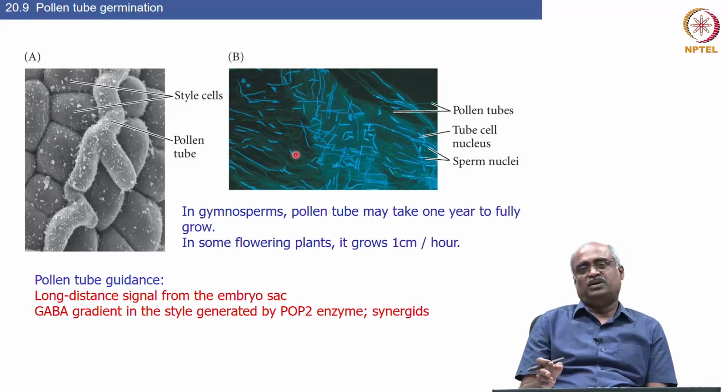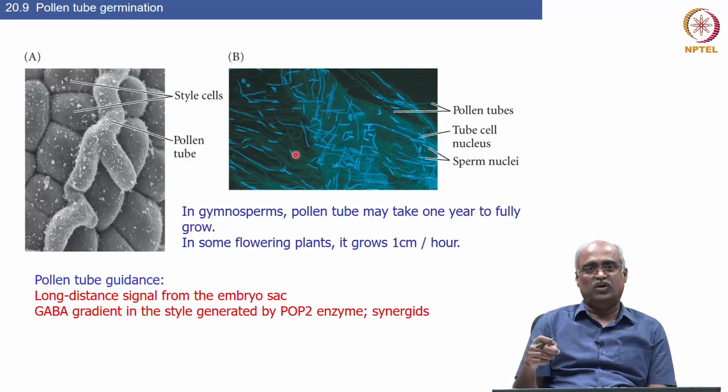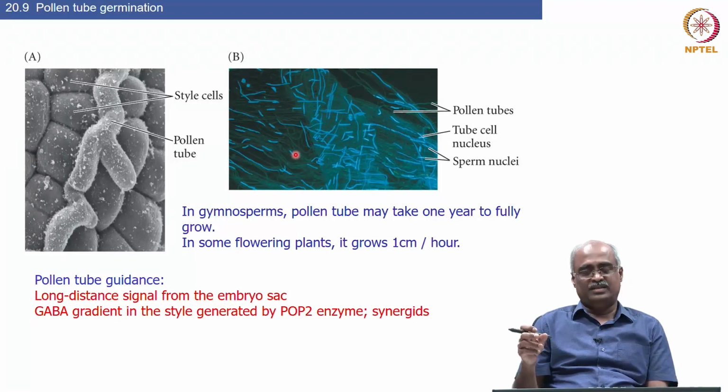And during this process, within the tube cell, you do have the generative cell migrating down. Okay. So this is the only known exception where a plant cell migrates, not intercellularly, but intracellularly.